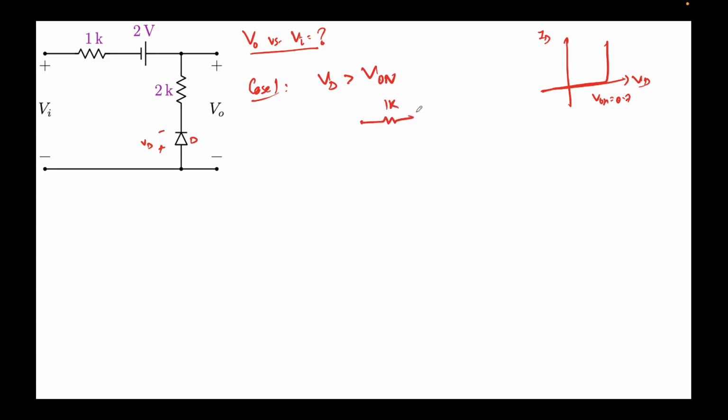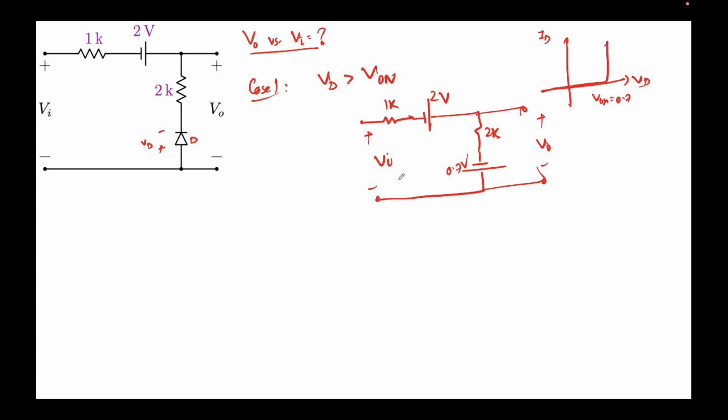So VD is greater than V on, and I'll draw the circuit. This is 1K, 2 volts, 2K, and if we replace the diode by a battery, it will look something like this. This is 0.7 volts. We are taking the output over here, and this is the input that we are providing. Again, in the last question I took the current flowing to be clockwise.